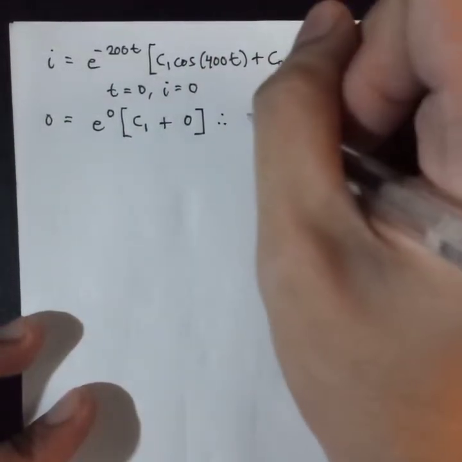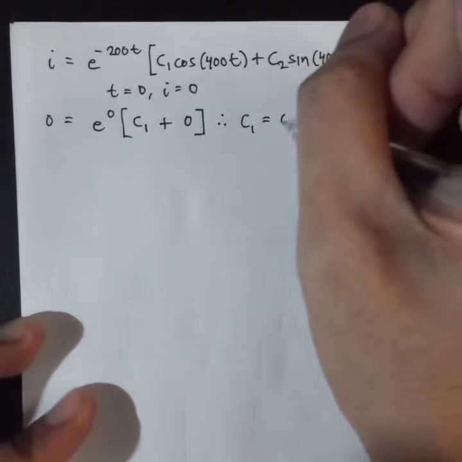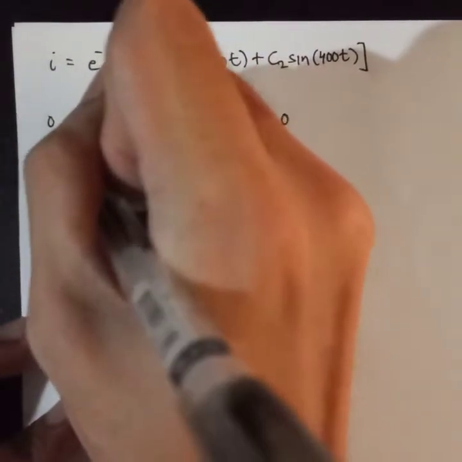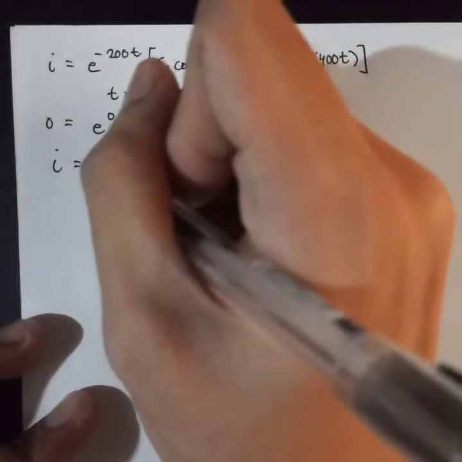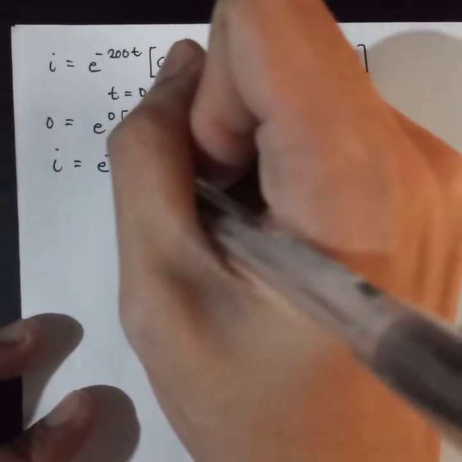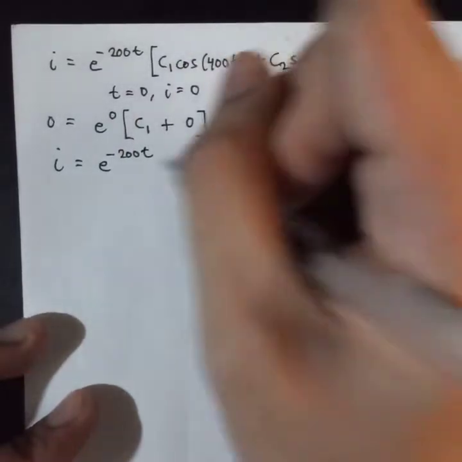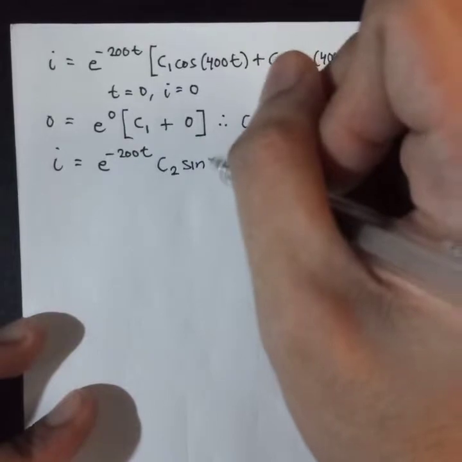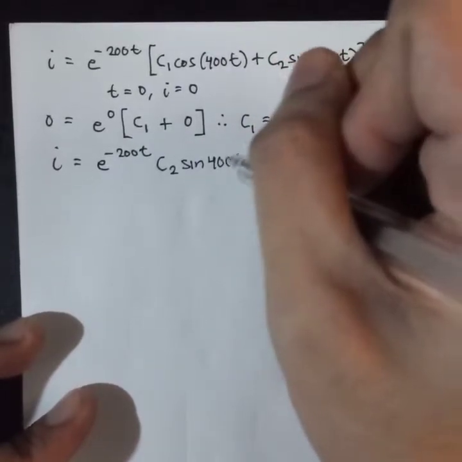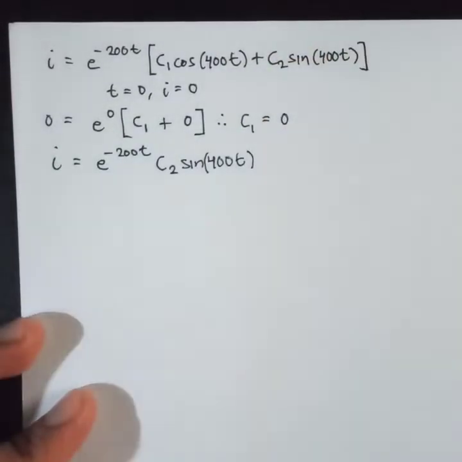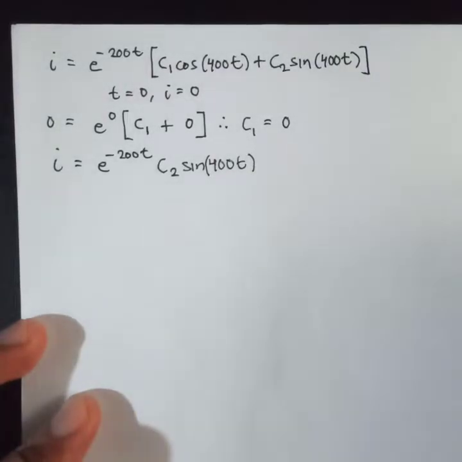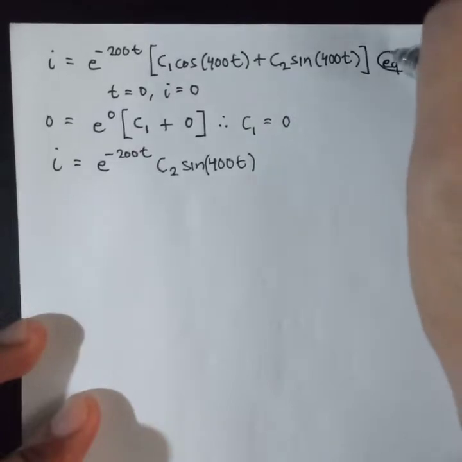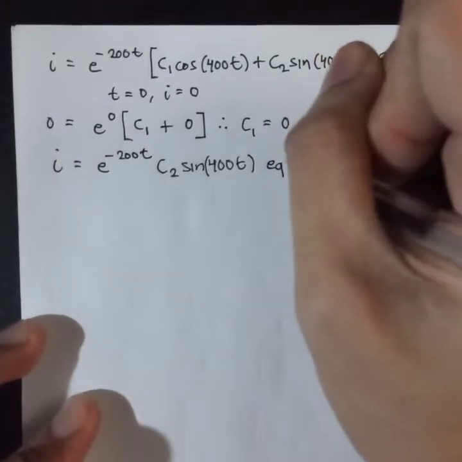Therefore, c1 is equal to 0. So, simplifying this, we get i is equal to e raised to negative 200t times c2 sine of 400t. Now, let's say this is our equation 1 and this is our equation 2.